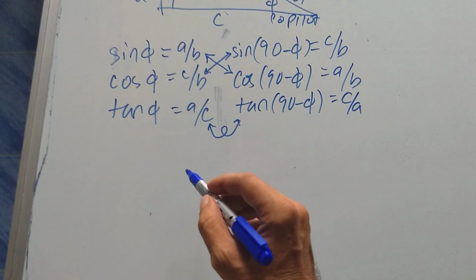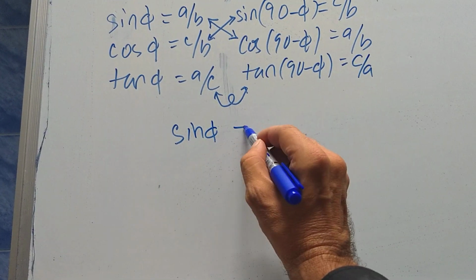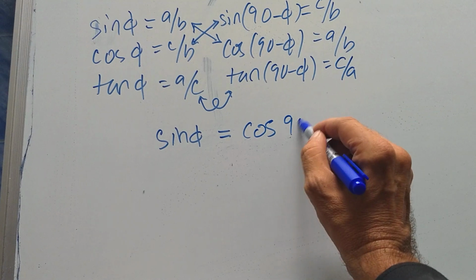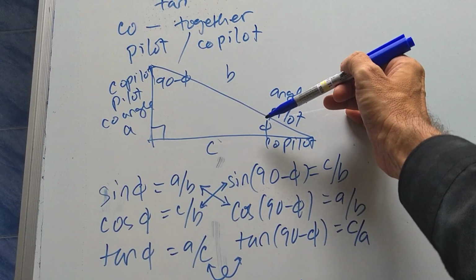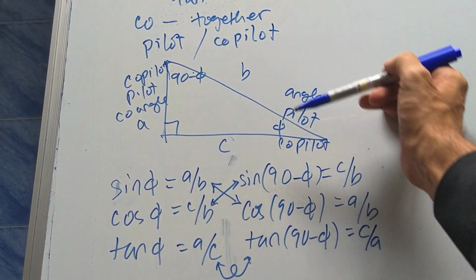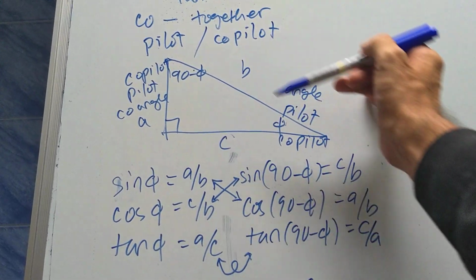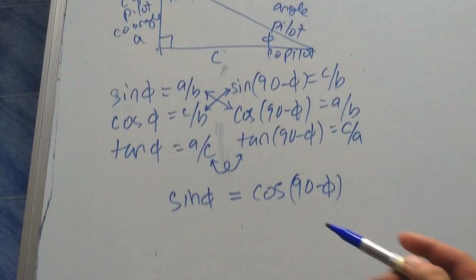Amazing. So let's write these relationships out carefully. Sine phi is cosine 90 minus phi. Now, right away, you're already starting to see the pattern here. Sine of this is cosine of this. Angle, co-angle. Pilot, co-pilot. Sine, cosine. You get it?